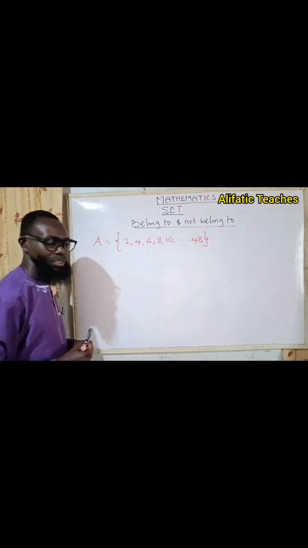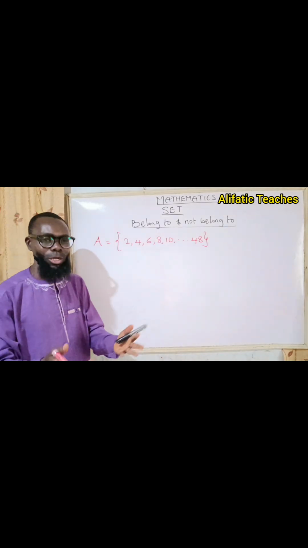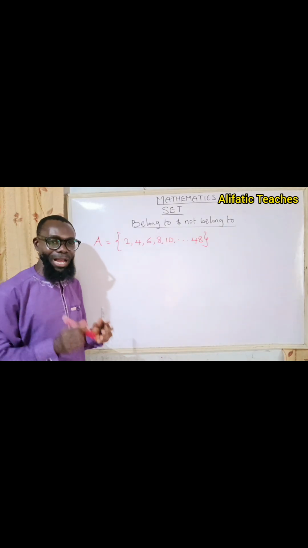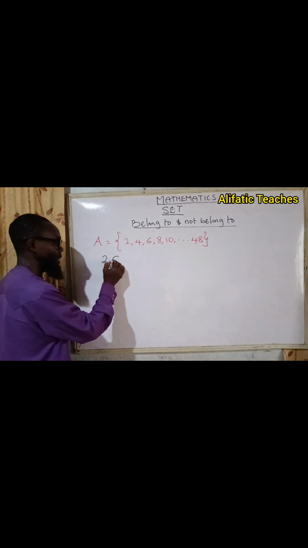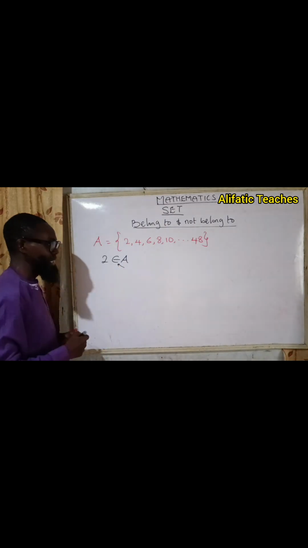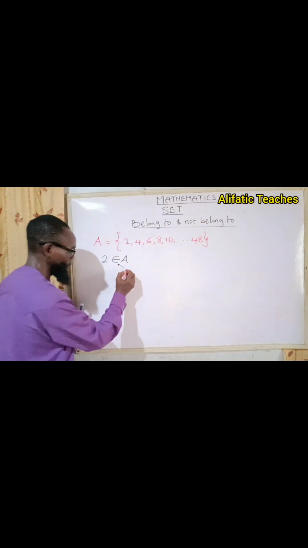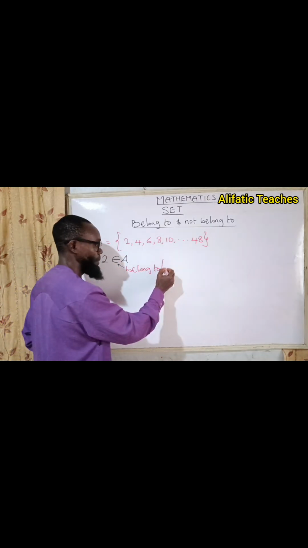Are we there? Now, if you look at this, 2, 4, 6, and so on, they are the members. I can say that 2 belongs to set A. So this symbol means belong to, or member of.